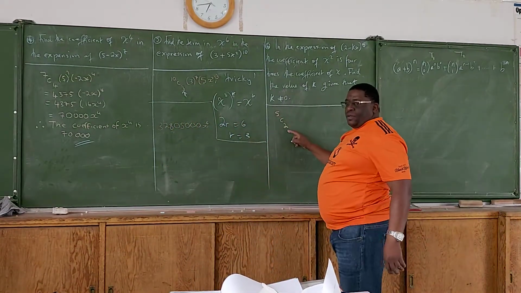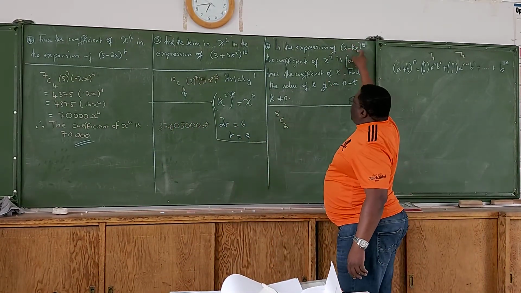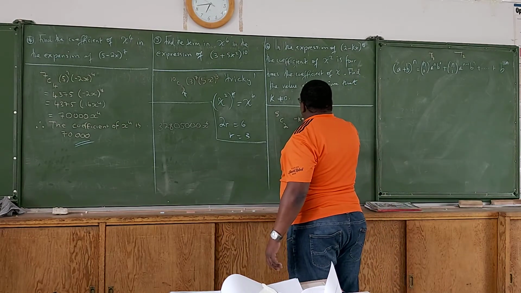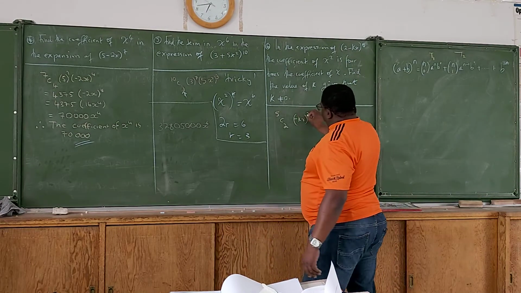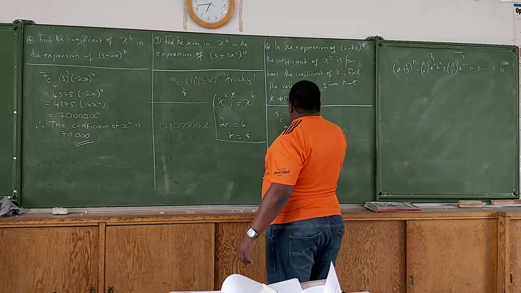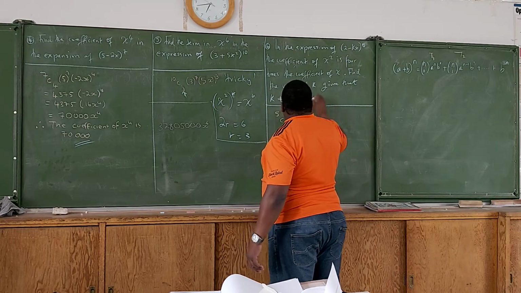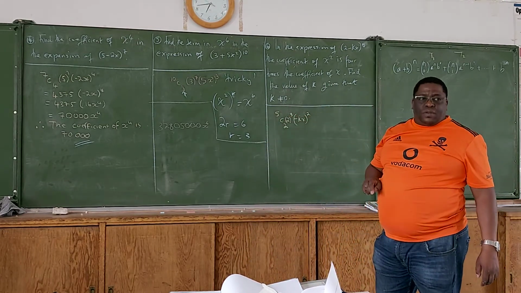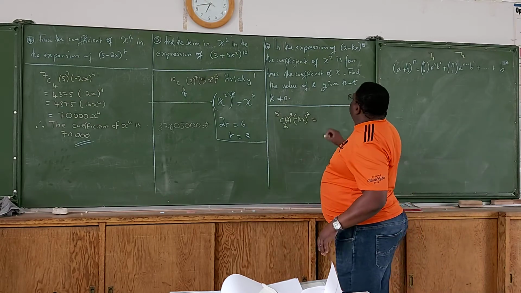You're with me. Then this one here should be raised to the power of 2. Then this 2 here should be raised to the power of what? 3, because they should give you. Right. Let's find out what that is.